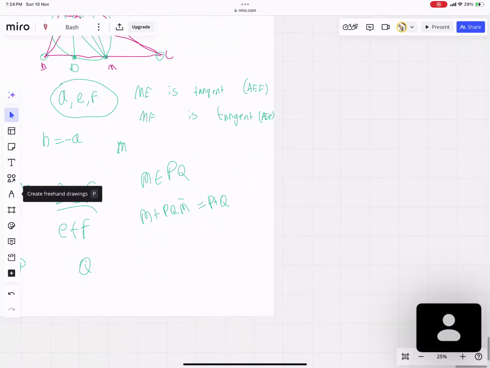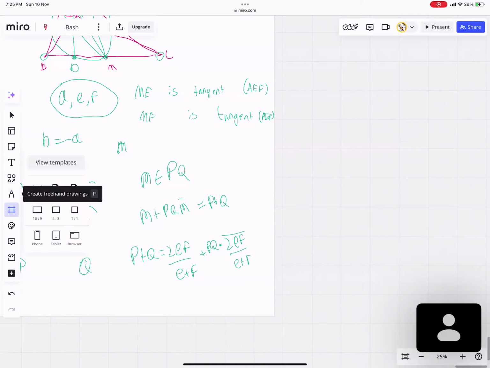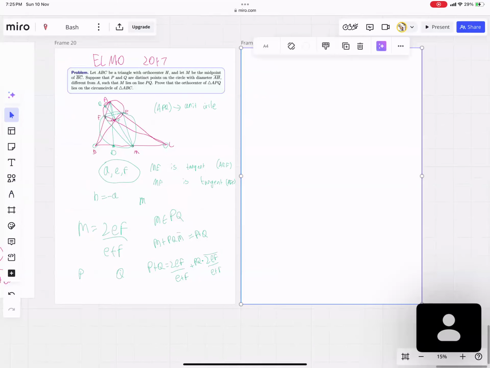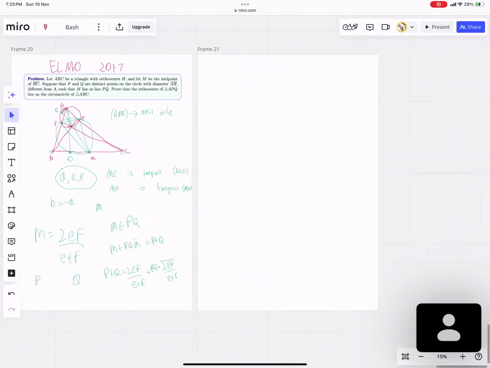So this gives that P plus Q is equal to 2EF over E plus F plus PQ times the conjugate of 2EF over E plus F.